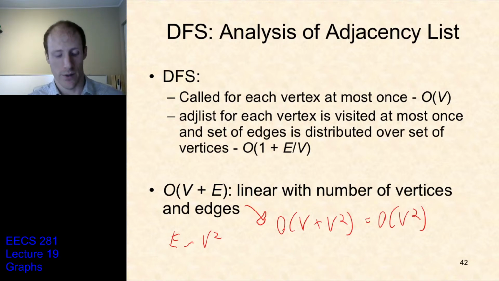A better way to approach getting the final answer might be to think, well, we have to visit every node, so we know that it's on the order of v. And we have to traverse the entire length of every adjacency list, which gives us e. So that's another way you could end up at this final expression, which is v plus e.